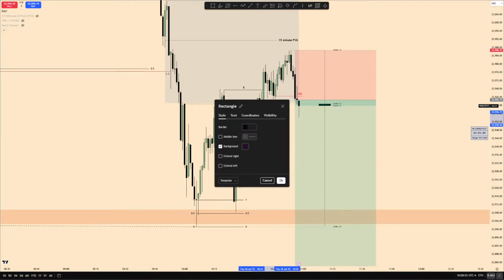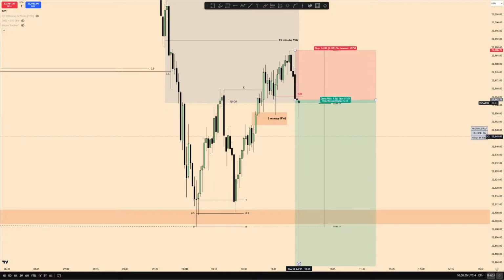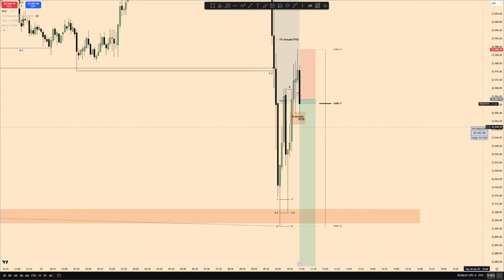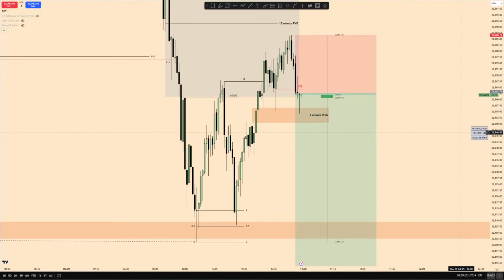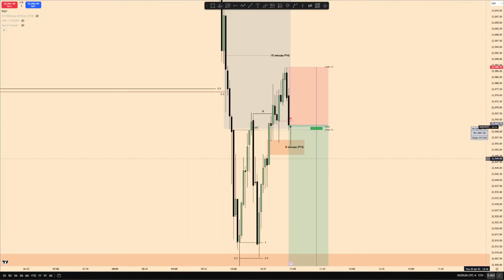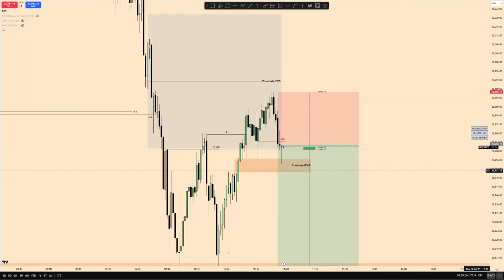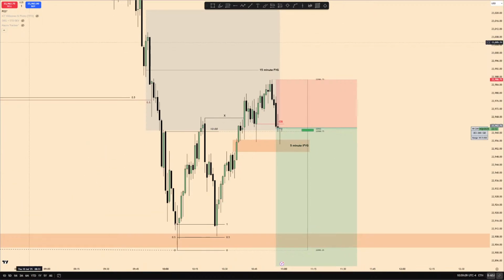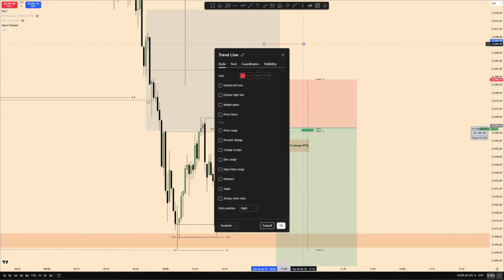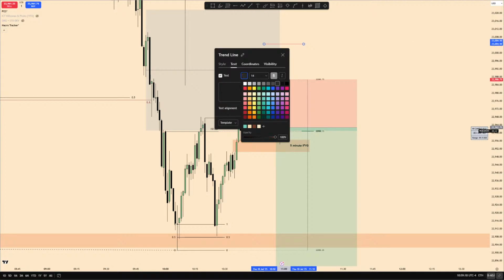I'd almost prefer if we trade up into the 1-minute change in state and the 1-minute fair value gap, and then get the 5-minute inverse. So you have a little bit better risk, a little bit more structure to back it, because then you have some bearish PD arrays being respected, not just one inverse bullish gap, and that's all you got.